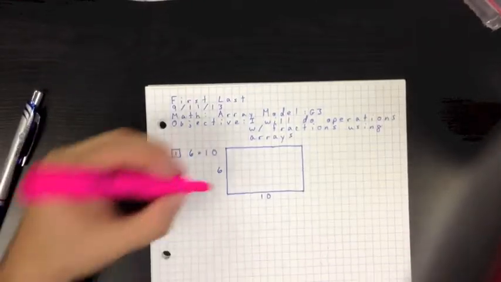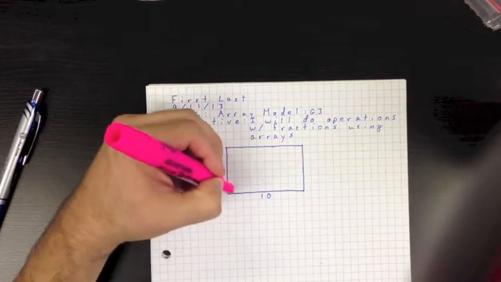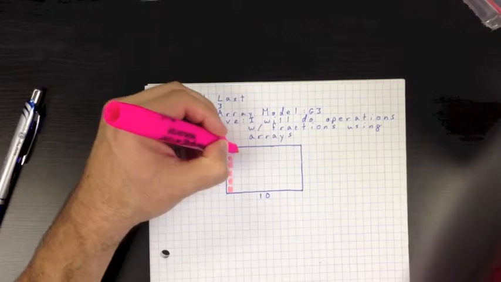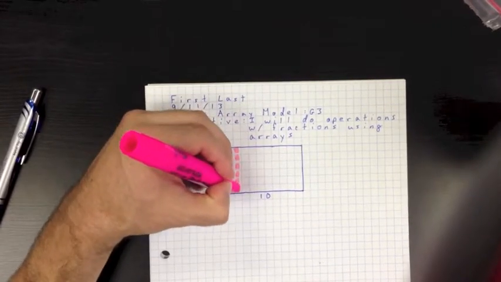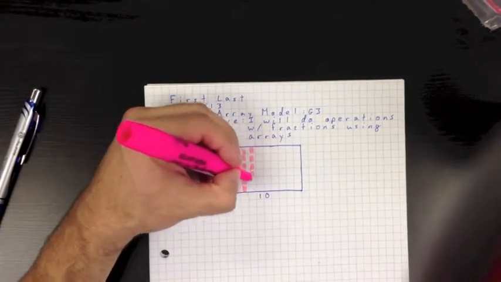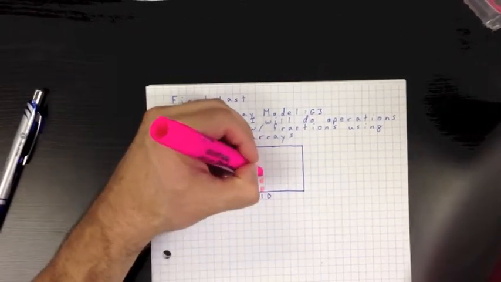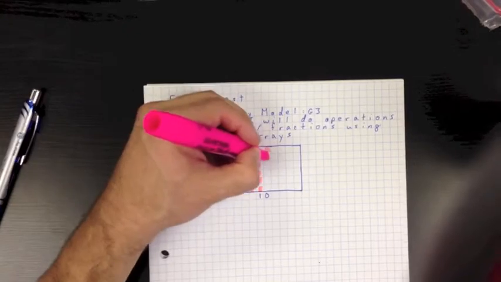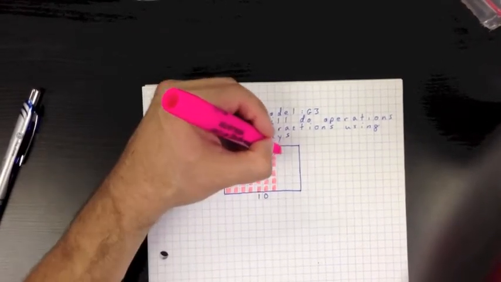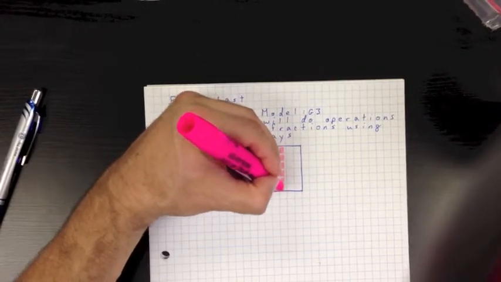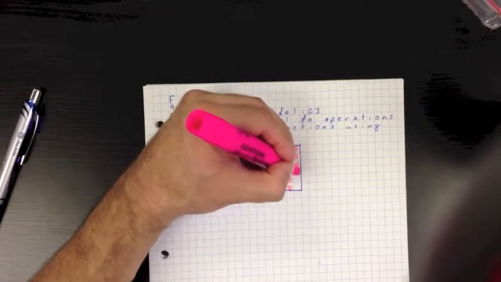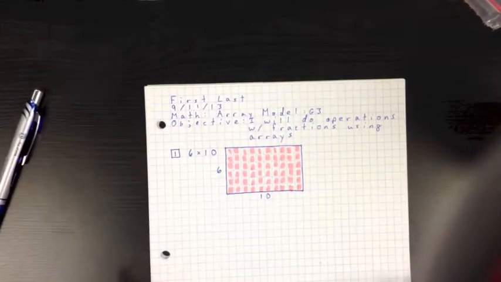And then sure enough, we should have 6 rows of 10 or 10 rows of 6. Fifty-five, 56, 57, 58, 59, 60.